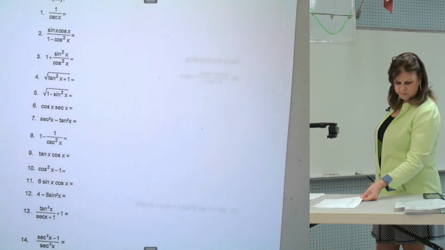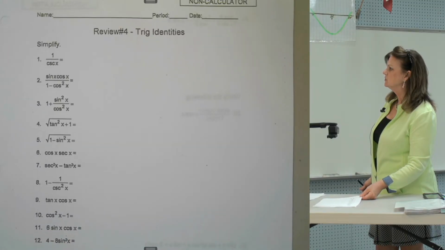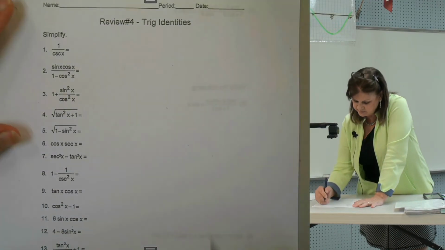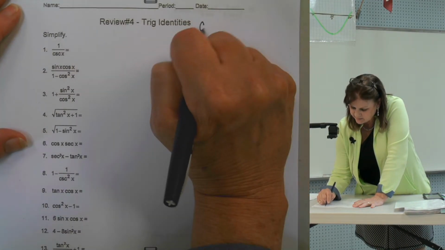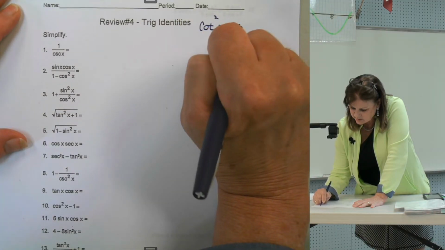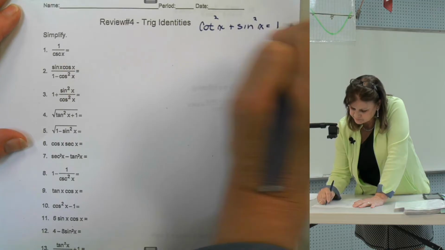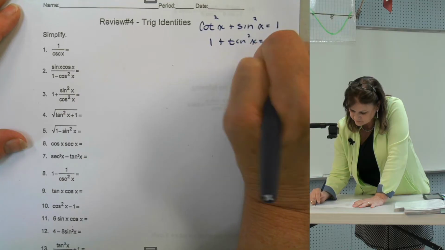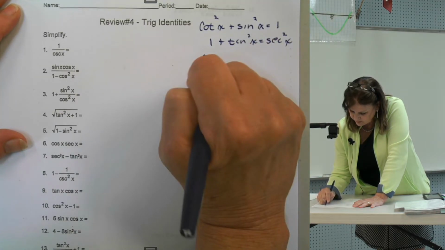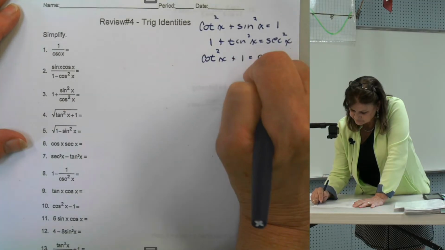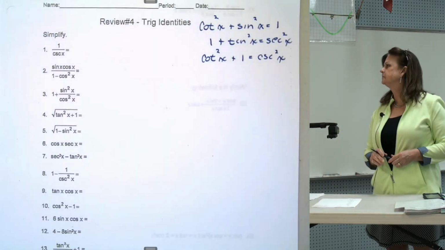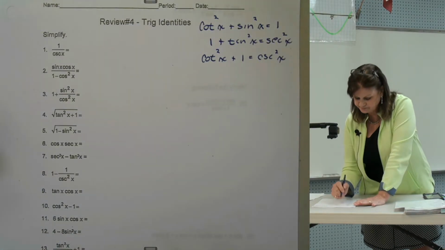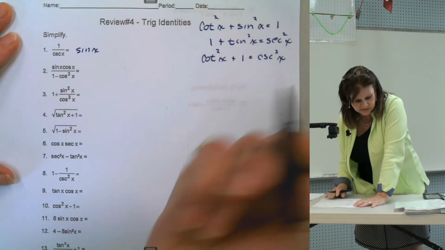Okay, 1 through 15 just ask us to simplify. Well, hold on a second. Let's get our granddaddy. All right, what's 1 over cosecant? It's just sine.